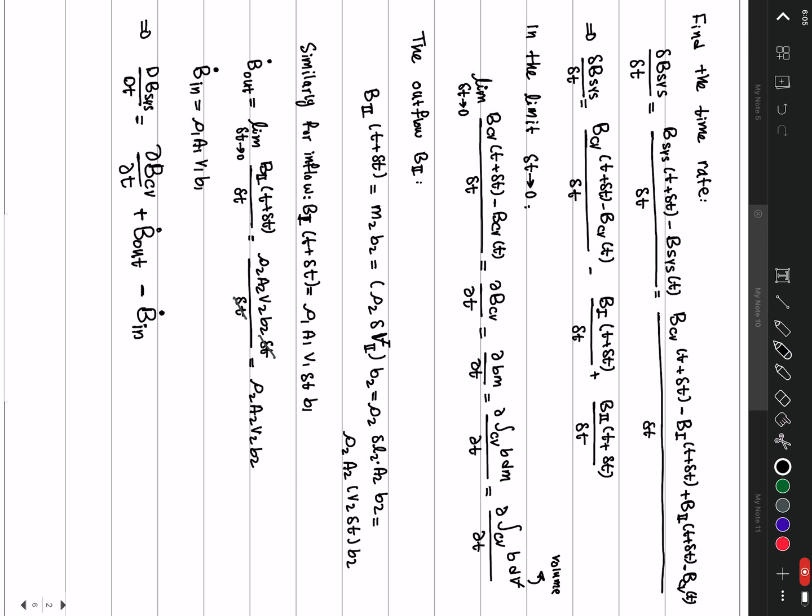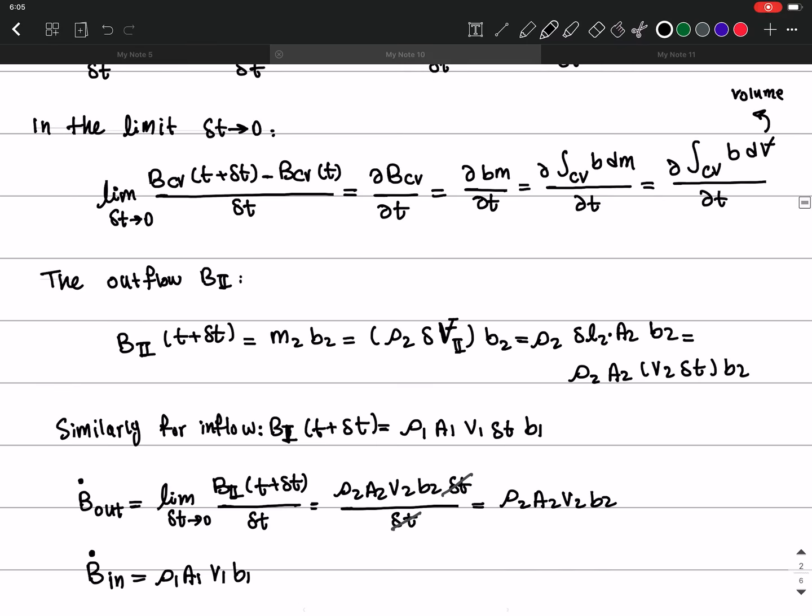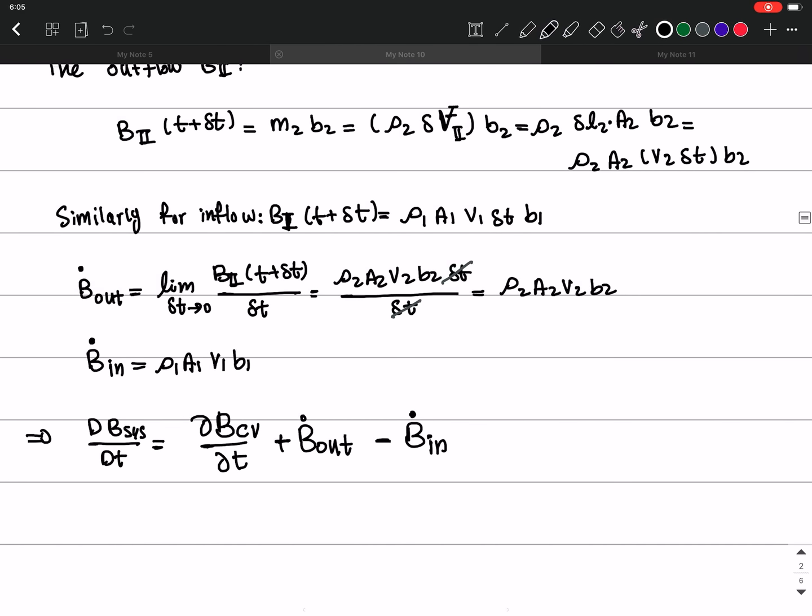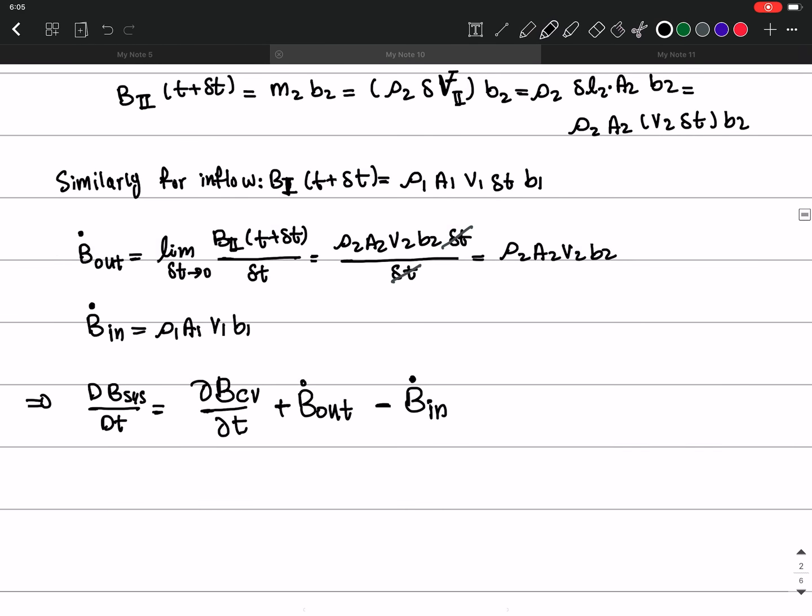Okay. So this is a very important formula. And let me just rewrite this B dots in terms of these things that we found.